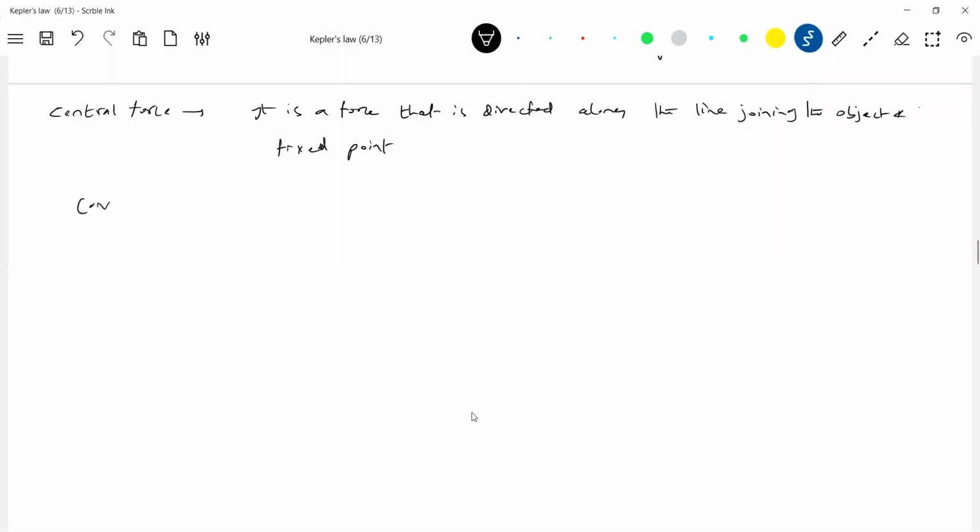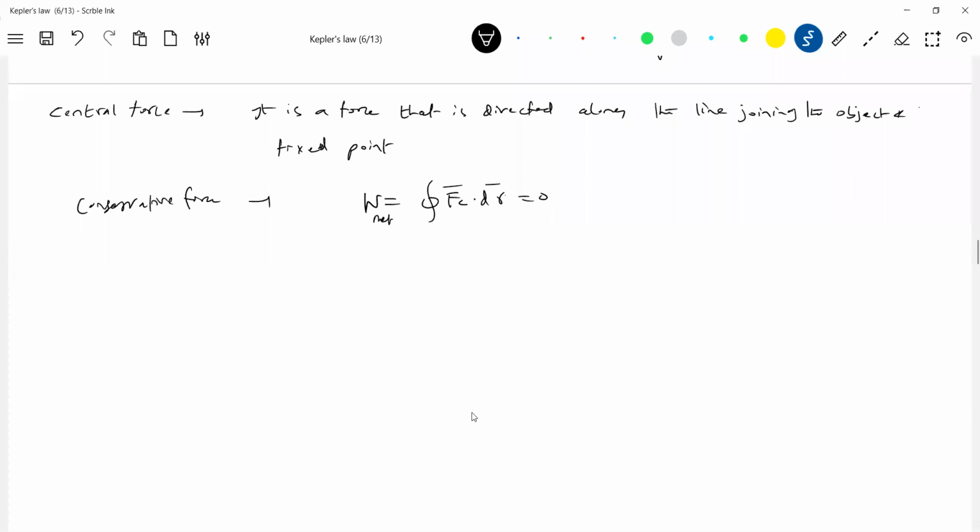Now, what is a conservative force? Work done by a conservative force in a closed path will be zero. Net work done by a conservative force. Now the gravitational force we have. So this much only. Don't go beyond this because again we have to go into some vector notations.